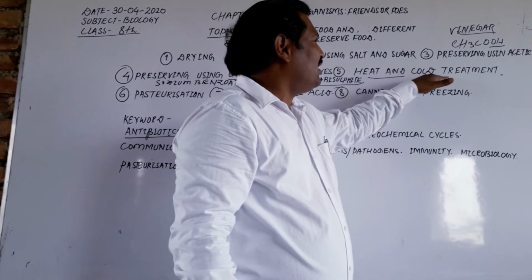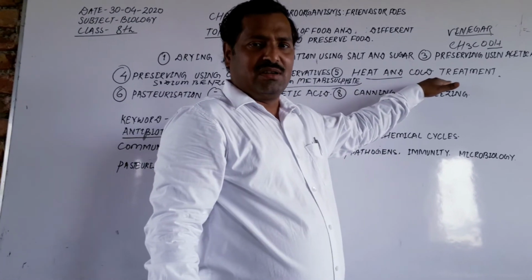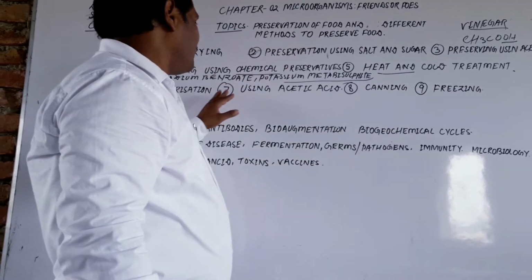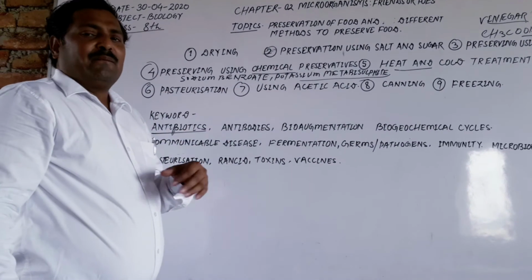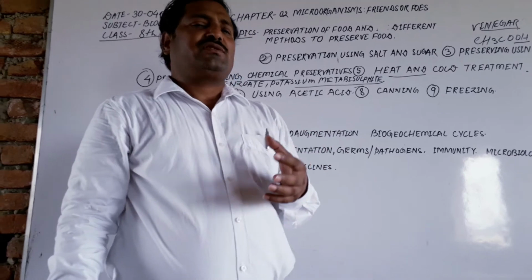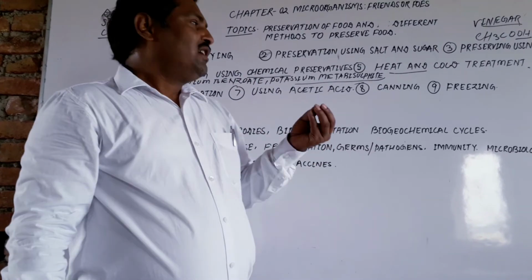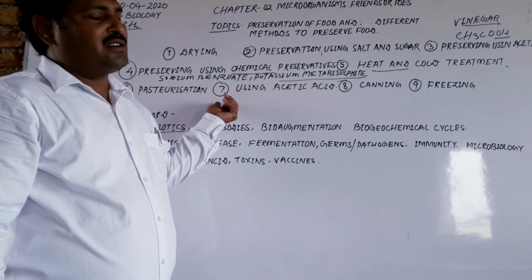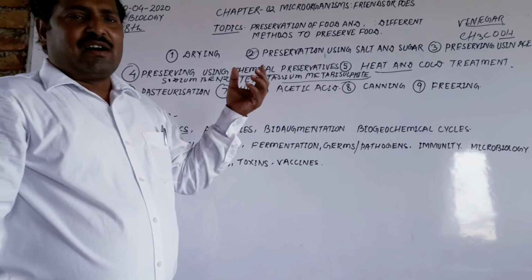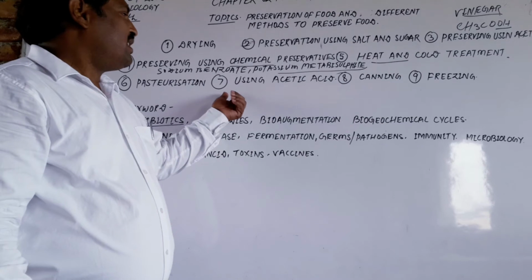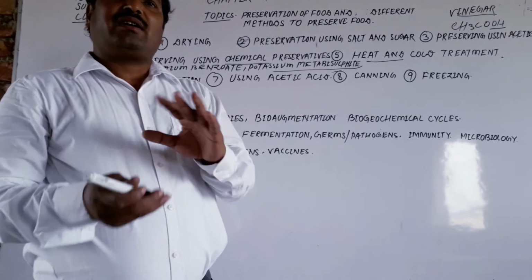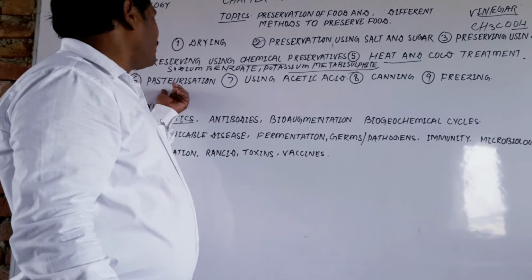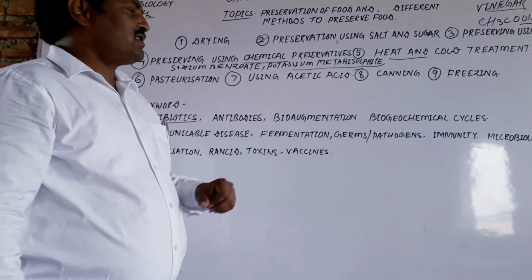Microbes are killed when they are put into cold conditions, so our food is preserved. Then pasteurization. Pasteurization is the process in which milk is heated below 100 degrees Celsius or 212 degrees Fahrenheit, and after that it is cooled and packaged. So the microbes are killed by the pasteurization process.